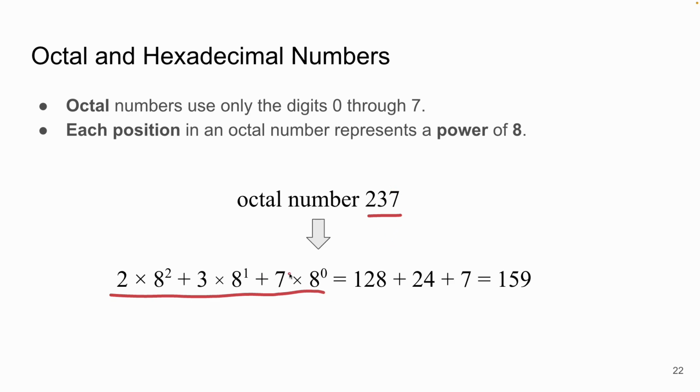You multiply 7 with 8 to the power of 0 here, because 7 is at the first position. And for 3, it's at the second position, so it is multiplied by 8 to the power of 1. And then you just continue to convert this number into this formula. And then you add all the numbers together, then you can get the decimal number for this octal number.